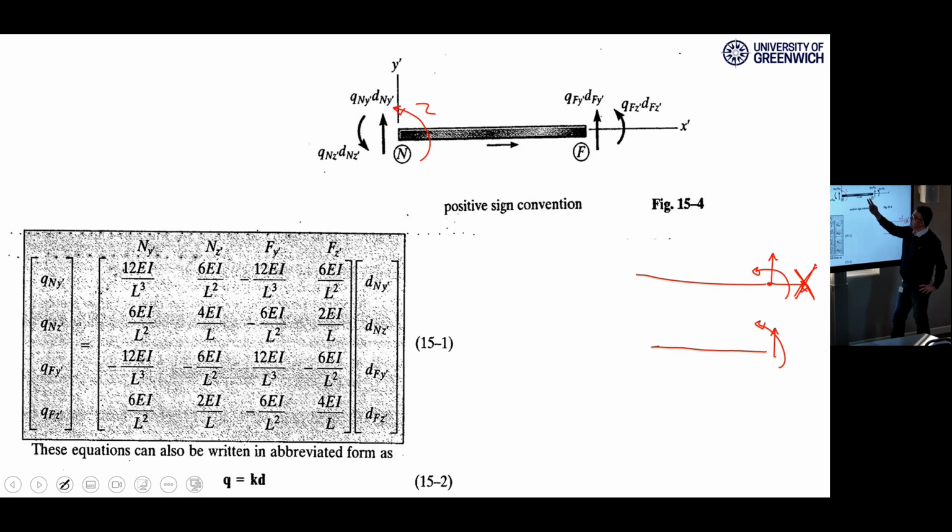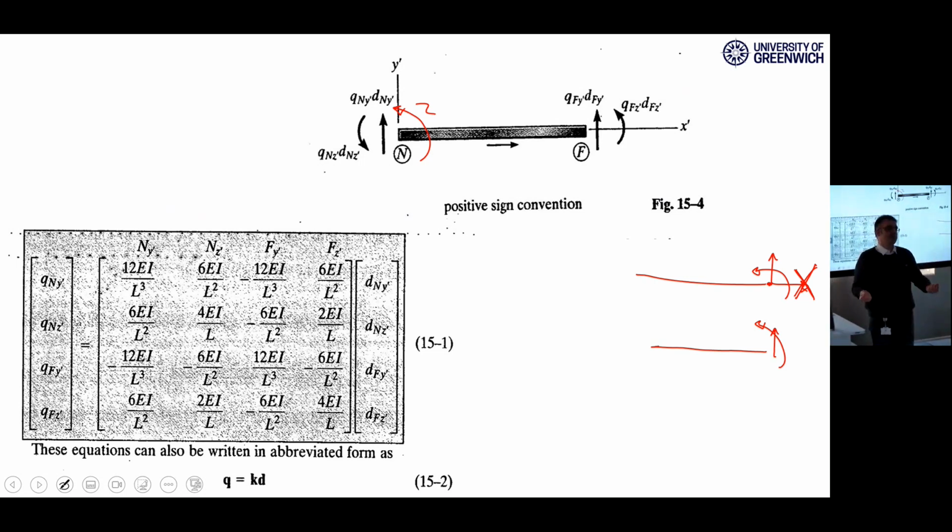So we have 4 forces at both ends corresponding to 4 different types of deformation: 2 vertical deformations at both ends and 2 rotations at both ends. Just in agreement with what we have for X, Y and Z, right?